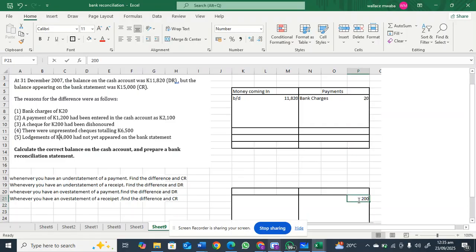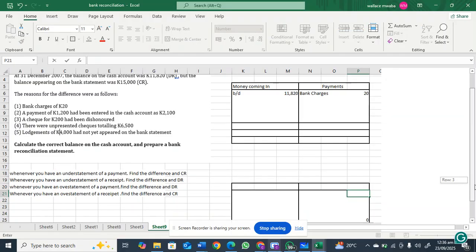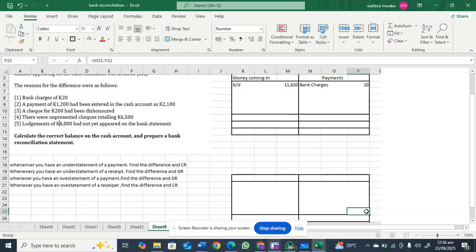Let me use this T account here at the bottom to show you how we can correct this error before I put it in the cash book. Initially when this error was made, the person recorded it on the credit side as 2,100. This is wrong. It has to be 1,200.